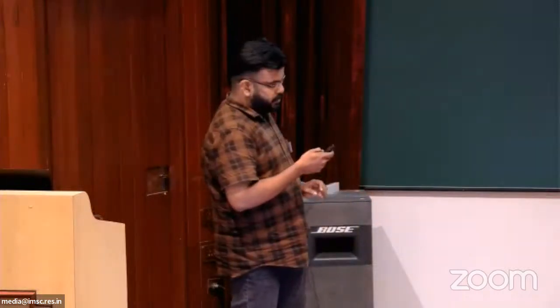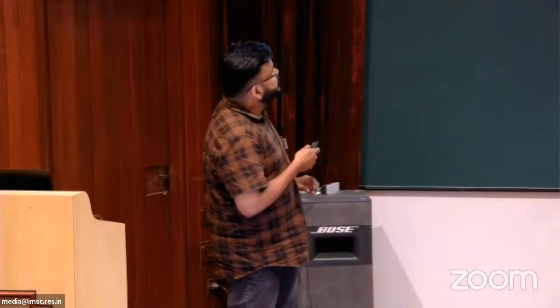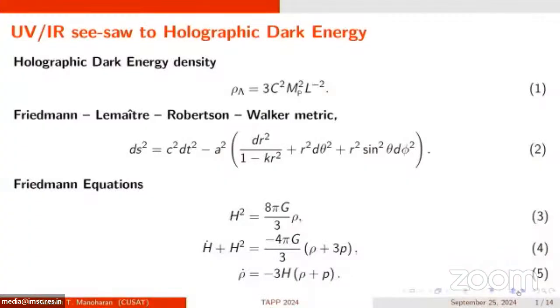Holographic dark energy density is a proposal which goes like this, where we have a dark energy density, and this M_pl squared takes care of the units, and L here is the IR cutoff. This was proposed so that you can do a quantum field theory calculation and a general relativist would not come and argue that you are doing something wrong.